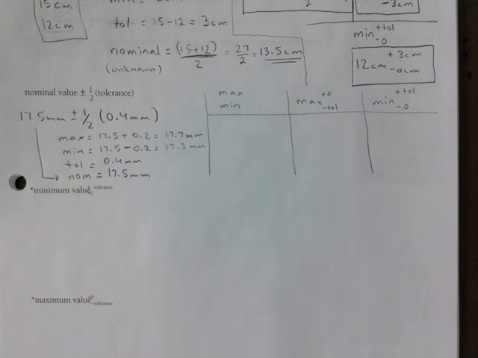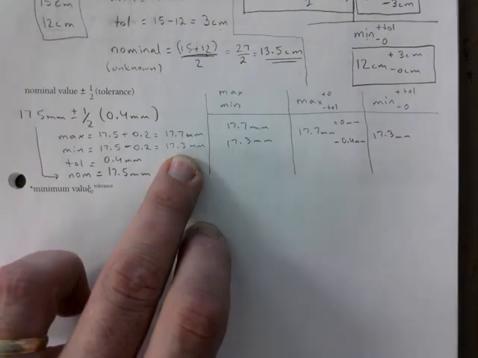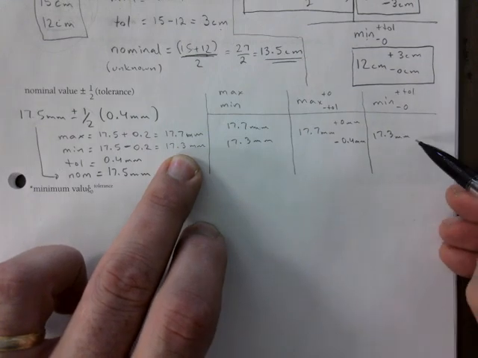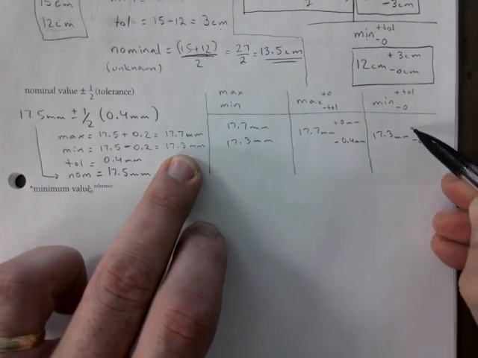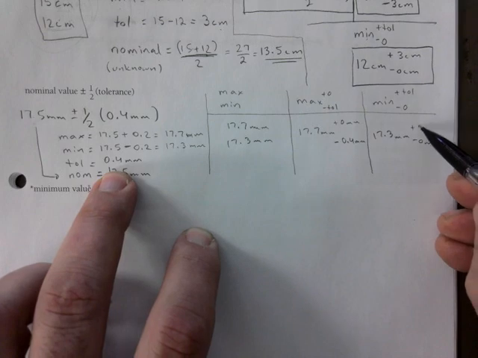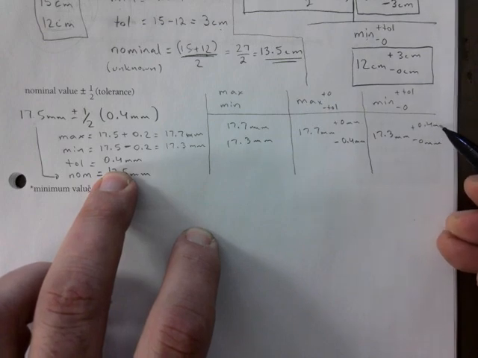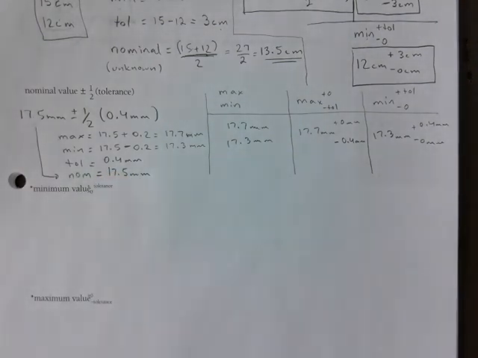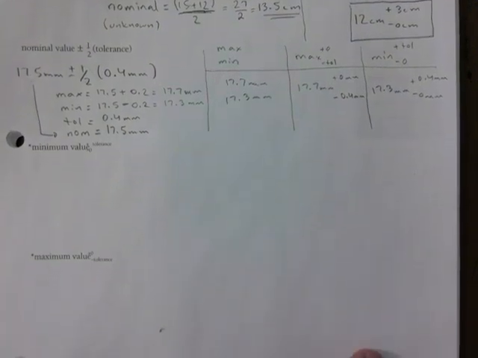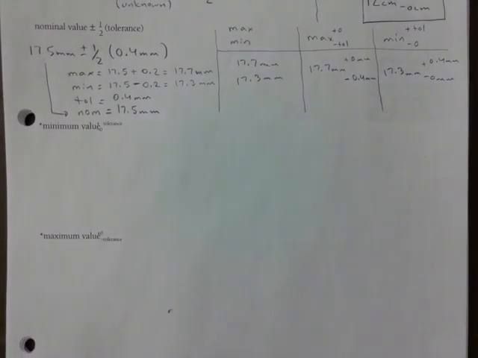Go for it. 17.3 minus 0 millimeters plus 0.4. Done, right? All three stated just like that. Did I get it right? Please let me know. Sometimes I get it wrong because I'm distracted.